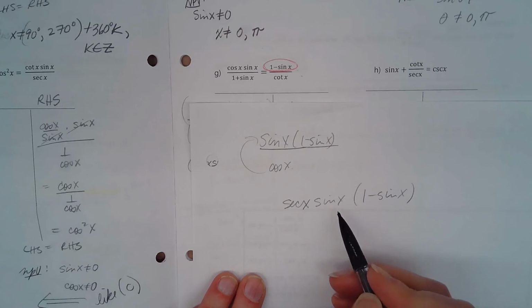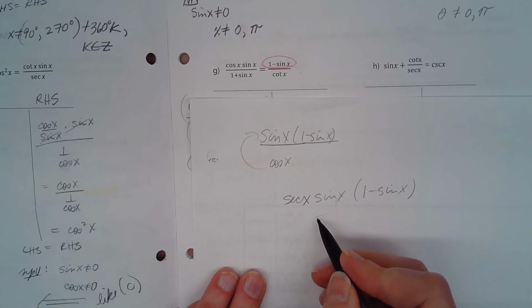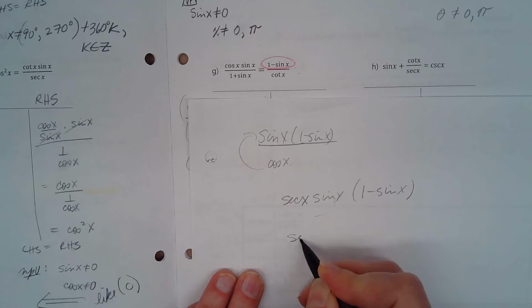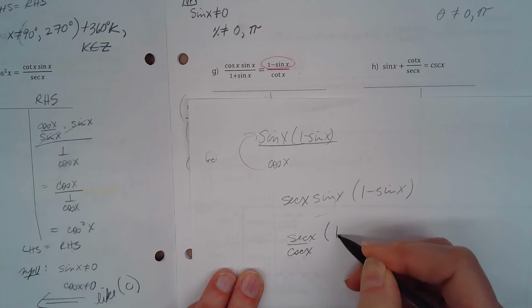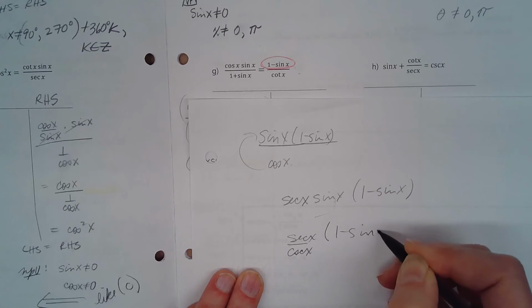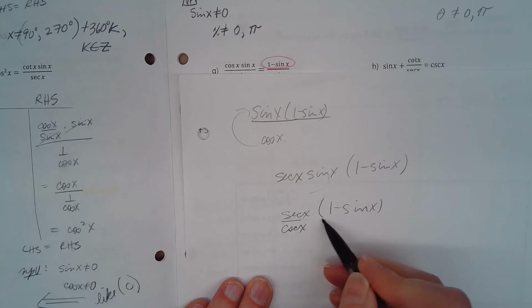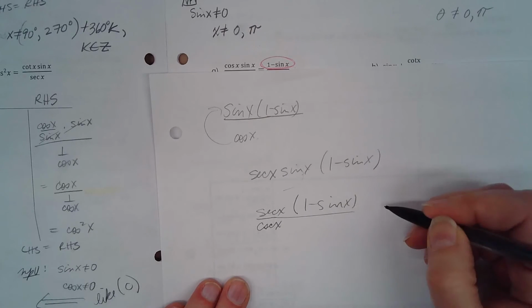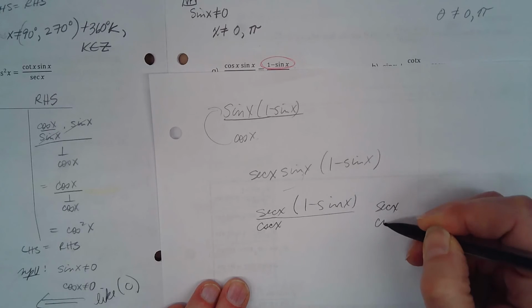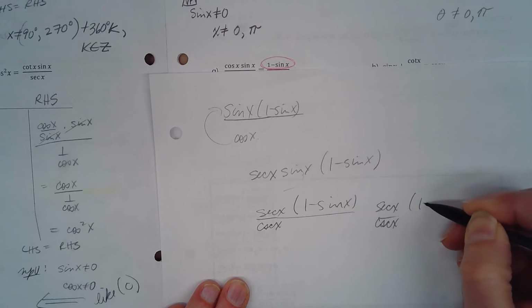So then how about I move him downstairs? He becomes cosecant, right? Do you agree with everything I've done so far? Whether I put this here or just leave it like this, it means the same thing.